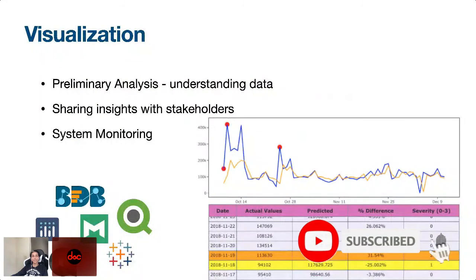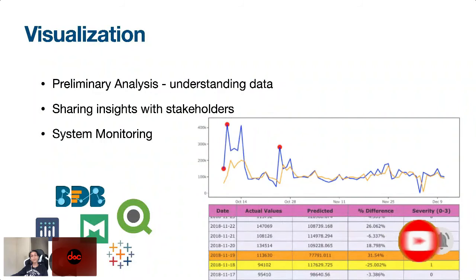Now, visualization. This is not a sequential part of the data pipeline, but something that assists with every part of the pipeline. And my simple mantra for visualization is, what gives me the most information by spending the least amount of time? If you look at the right bottom side of the example I'm sharing, there is a table with a lot of rows.